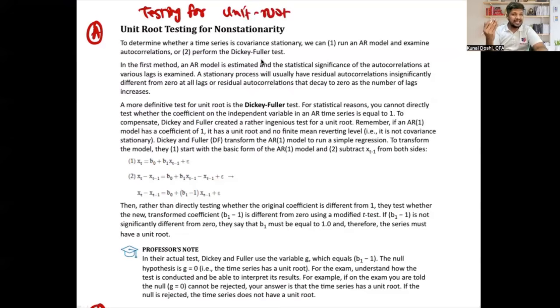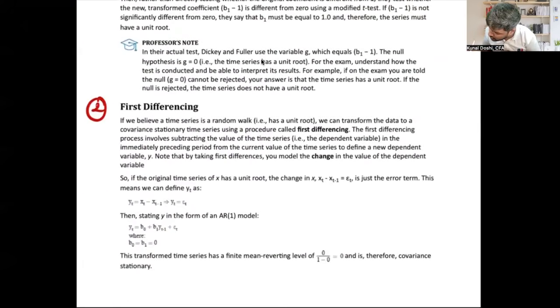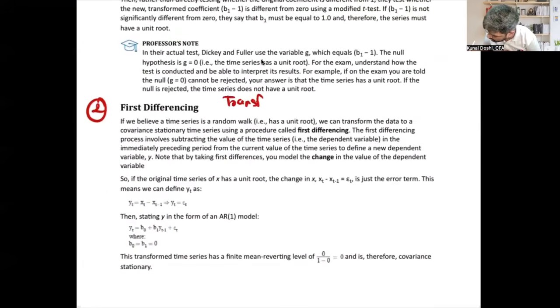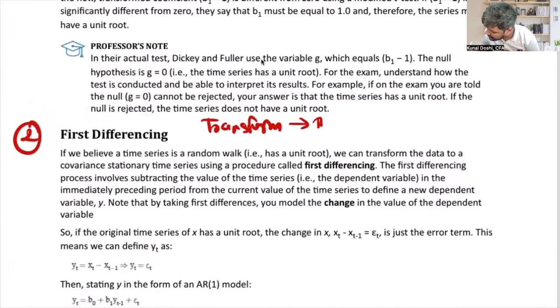Once you have tested, then we need to fix it up. And when I say fix it up, it means we will transform the unit root data to covariance stationary. So we will transform the problem. What was the problem? The unit root, the B1 equals 1, correct?